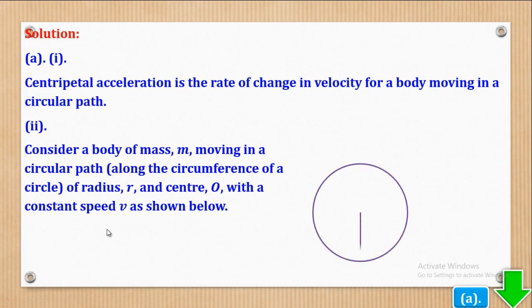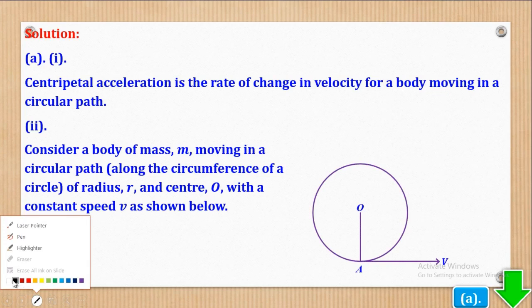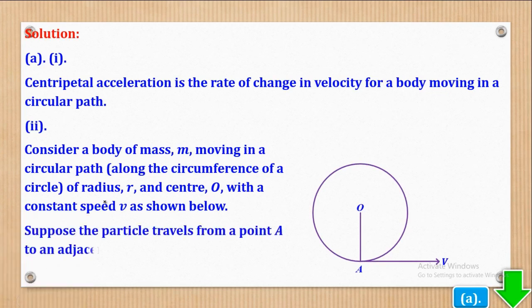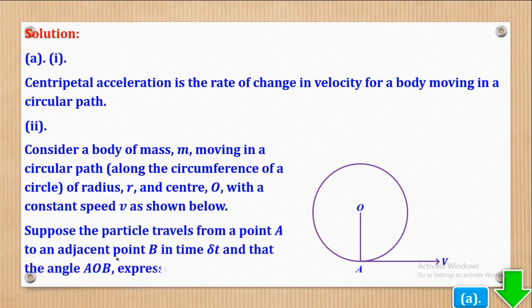Therefore the diagram will be as shown. So that is the velocity V from point A and it reaches point B. So suppose the particle travels from point A to an adjacent point B in a small time change in t, and that the angle AOB is expressed in radians and is the small change in theta.